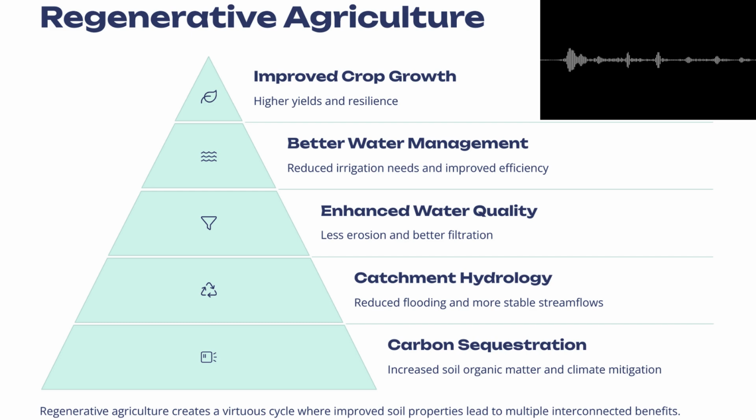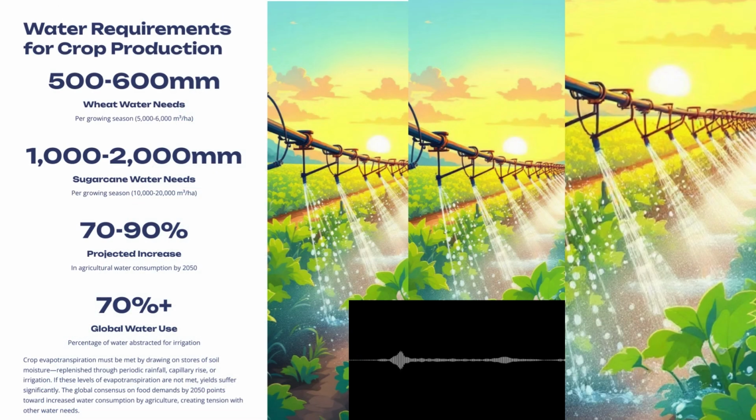If 200 millimeters come from rainfall that the soil captures, you need 500 from irrigation. Now, if regenerative practices help that same soil capture an extra 50 millimeters of rainfall, then the irrigation need drops to 450. Exactly. That's a direct decrease in reliance on either pumped water or water diverted from rivers, which is critical, especially in areas facing water scarcity.